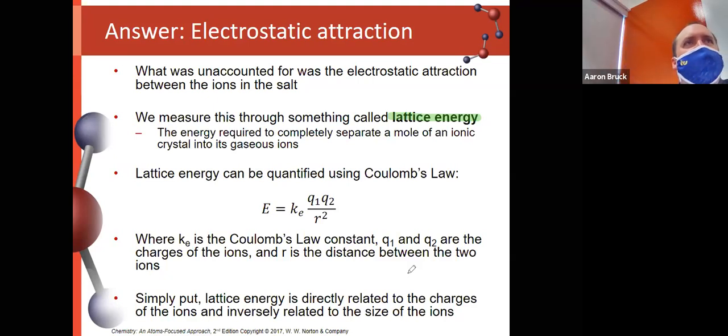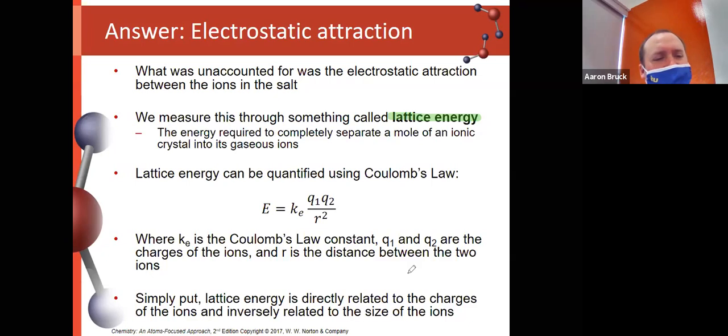So, by definition, lattice energy is how much energy it takes to pull apart 1 mole of sodium chloride or any kind of salt crystal. In this context, since we're talking about the formation of a crystal, that energy wouldn't be an energy input, it'd be an energy output. Because again, formation of bonds releases energy, breaking of bonds requires energy.